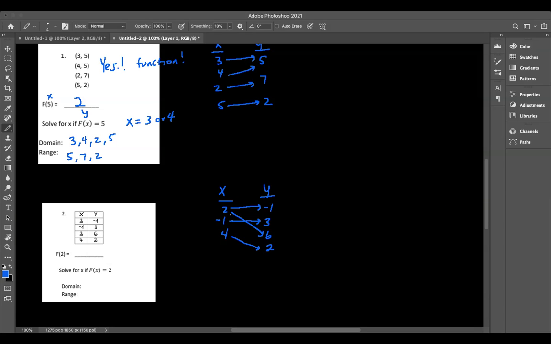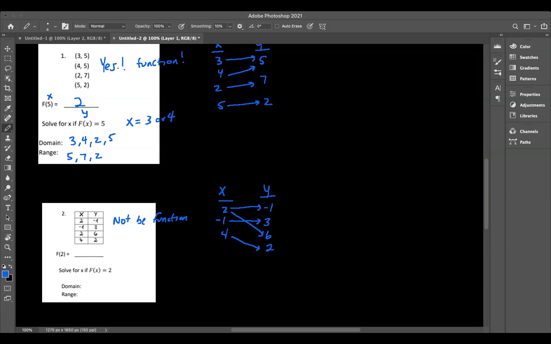You're gonna argue with the cashier. Like, what's the actual price? It's gonna be -$1 or $6. Obviously you're gonna choose the $1. So this would not be a function. The reason why is because this input of 2 has 2 different outputs, -1 and 6. So this would not be a function.